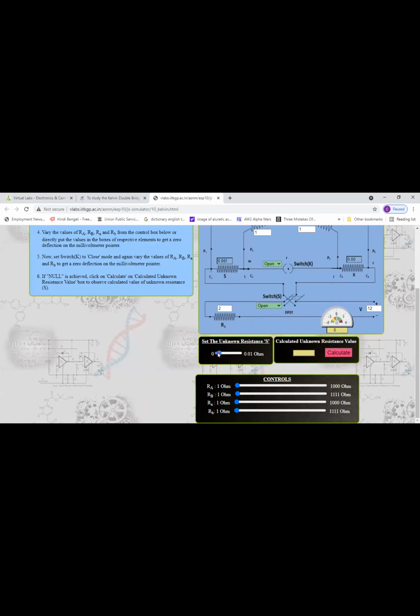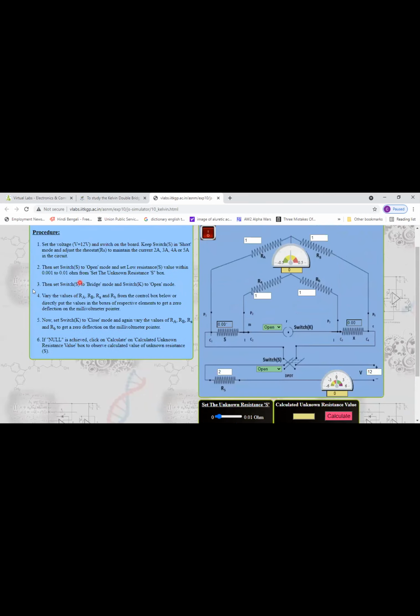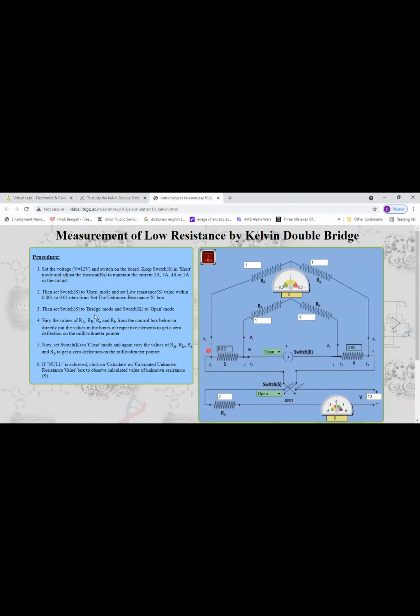It is also already 0.01 ohm, and 0.1 ohm at the set value. Now set the switch S to the bridge mode and the K switch to the open mode. Look, K switch is already open, and this is the bridge mode.